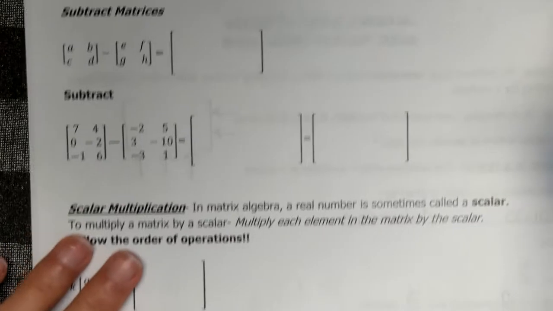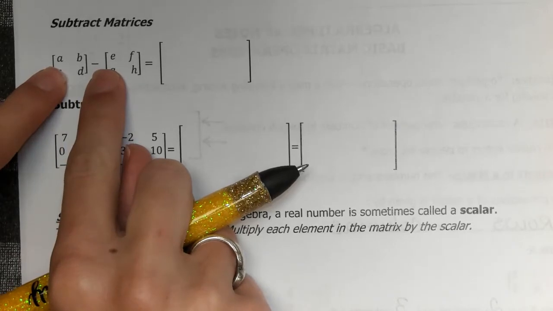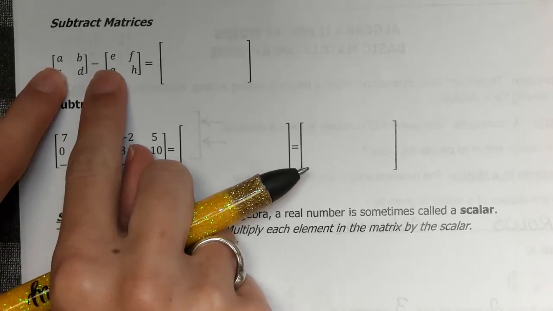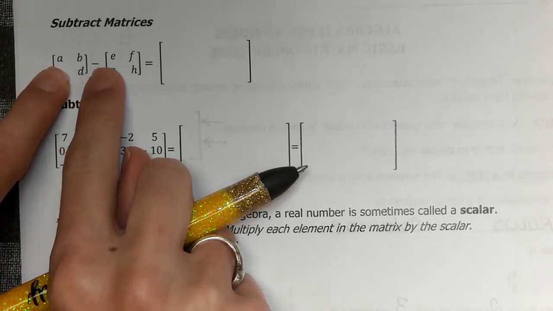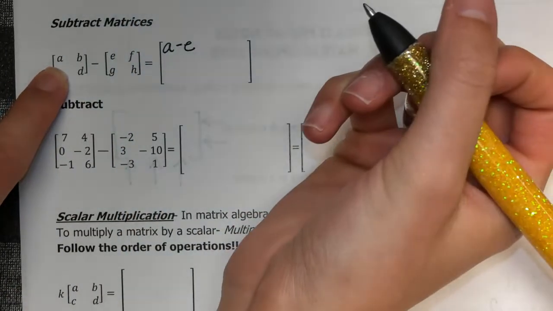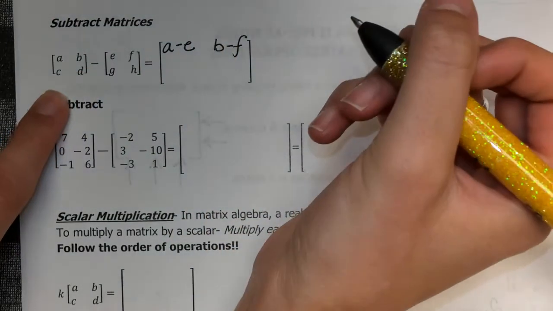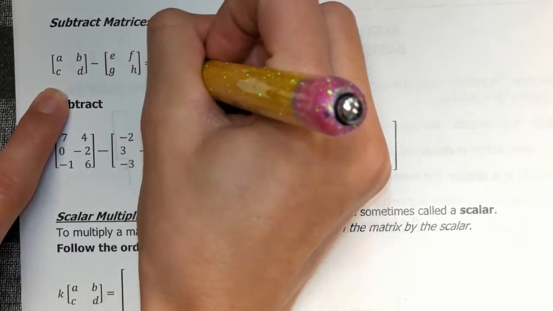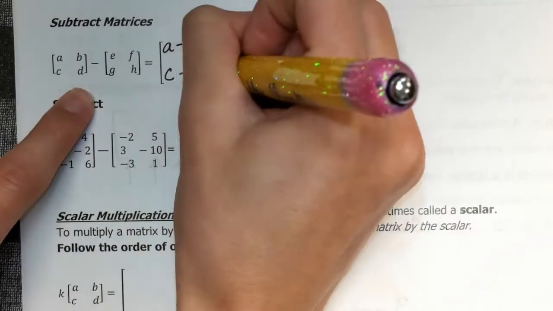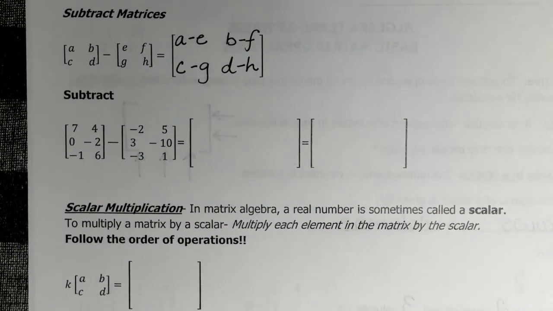Okay. So then subtraction is going to be the same concept. You're just subtracting the corresponding positions. So again, we are going to write it out just so you can see it, this first example, and then we're going to go straight to the final matrix after this. But here we would take A minus E, and then we would take B minus F, C minus G, and D minus H. So be careful with your minus and negatives.